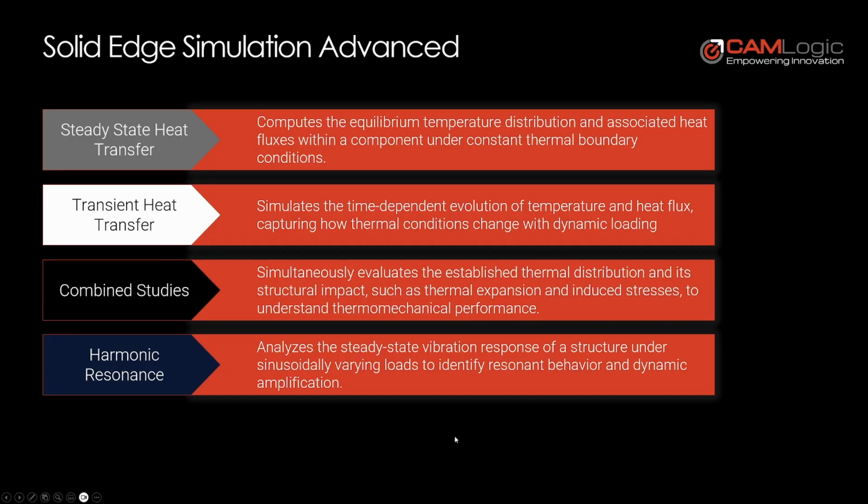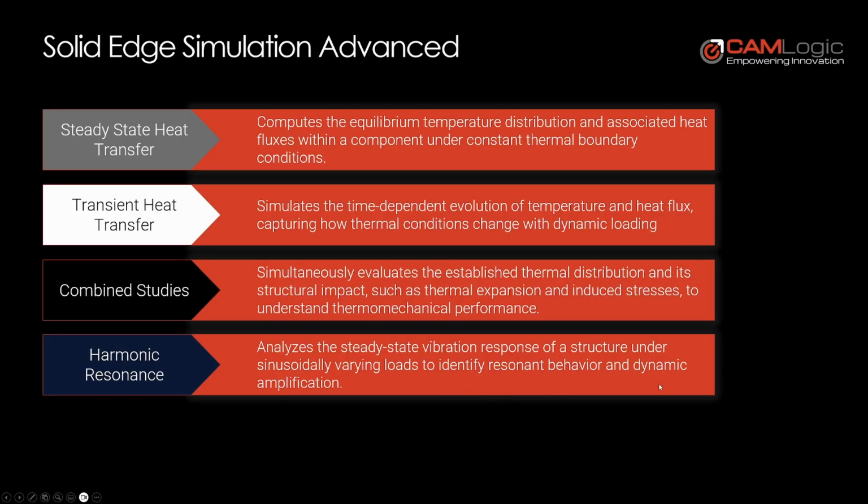So it's good to analyze your linear static or mechanical structural studies when the environment is going to be significantly hotter or colder than room temperature. And then, of course, the last one is harmonic resonance, which analyzes how well the design responds to vibration and loads while under vibration.